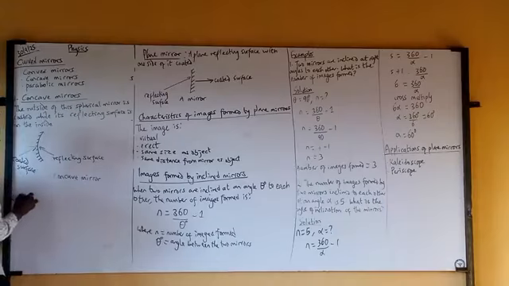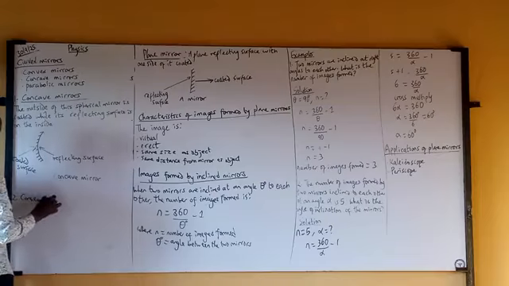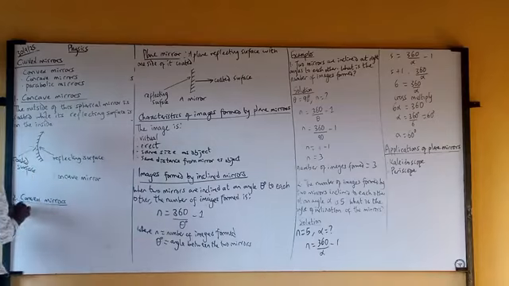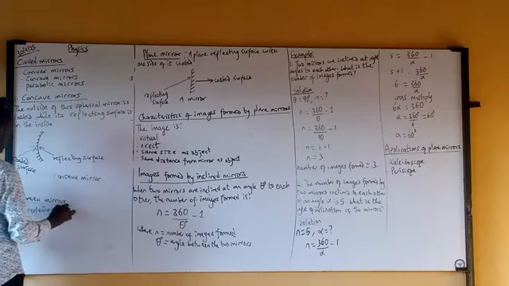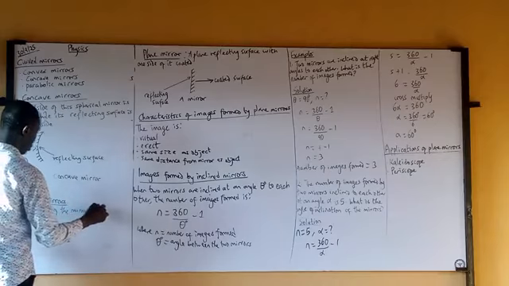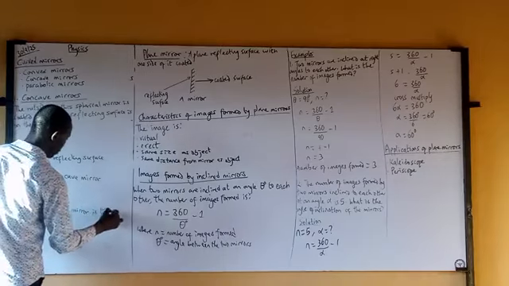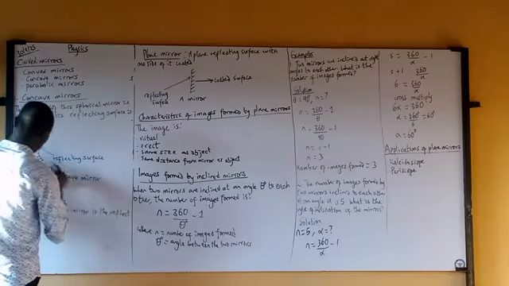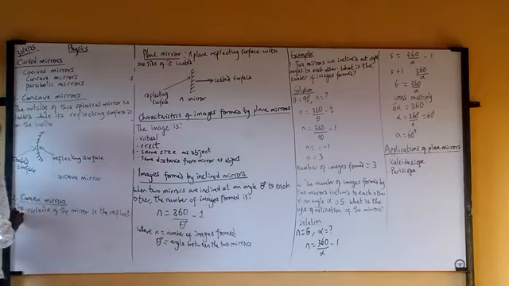Number 2 is the convex mirror. For convex mirrors, the outer part of the mirror is the reflecting surface. That's unlike this.